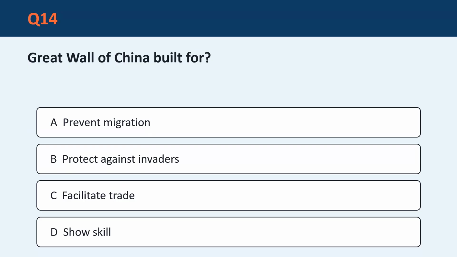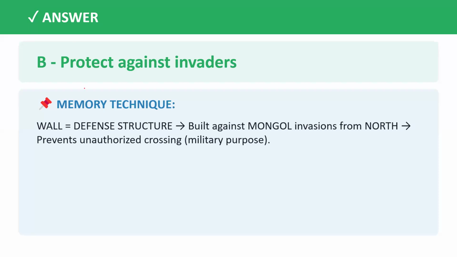And the answer for this question is to protect against invaders. So how can you remember? Basically, a wall is built as a defense to protect, right? So somebody is coming into your place, you're constructing a wall. So the people of China constructed a great wall, a big wall, the Great Wall of China, to protect from all the invaders.